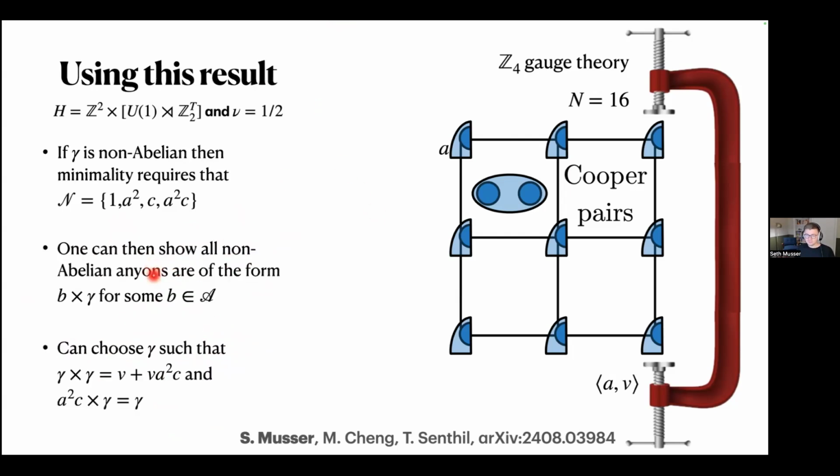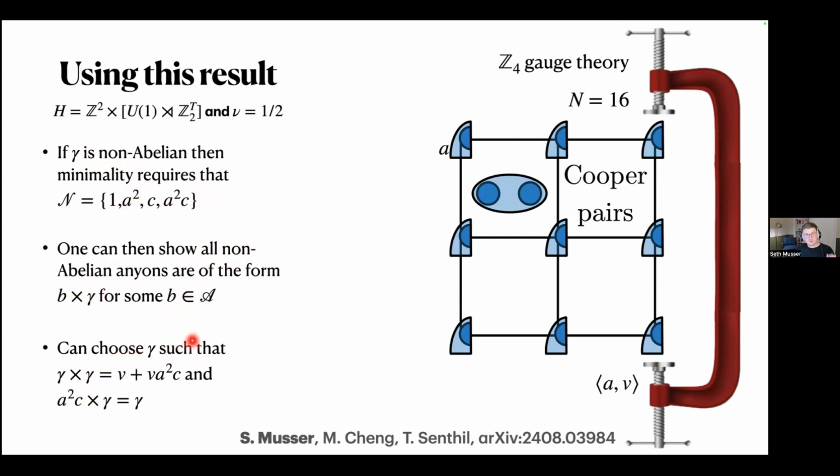And again, this is some thorough checking, but if gamma is not abelian, you can verify that this upper bound forces you to have N be equal to 1, A squared C, and A squared times C. And you can then, I direct you to Appendix D of our paper, show that all non-abelian anyons are of the form some abelian anyon times gamma, for any abelian anyon.